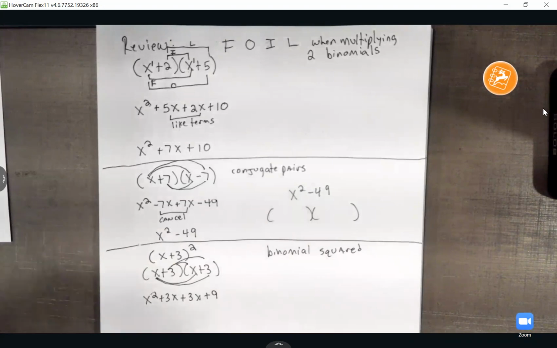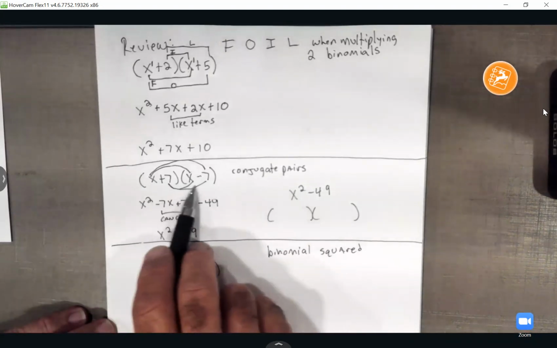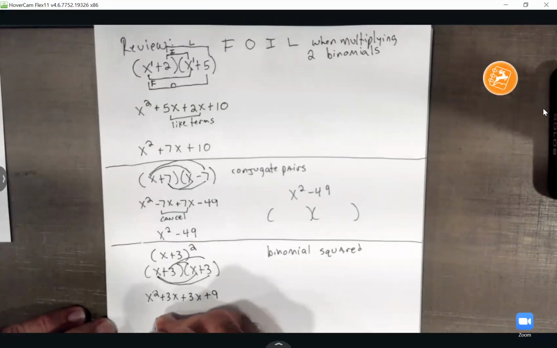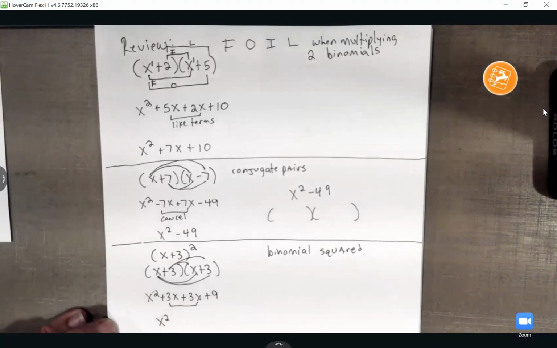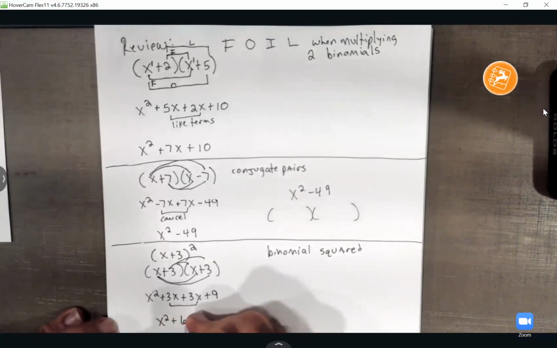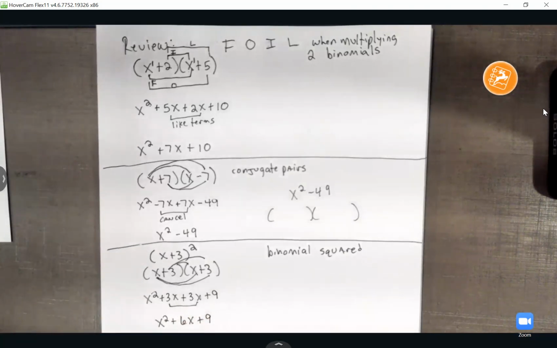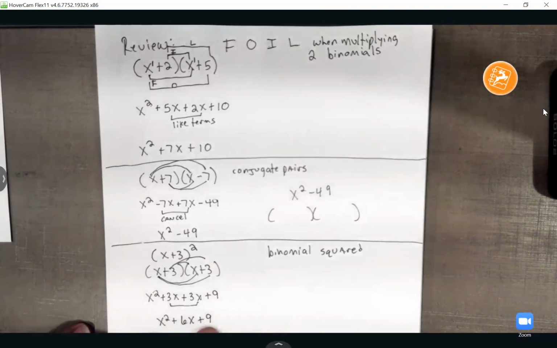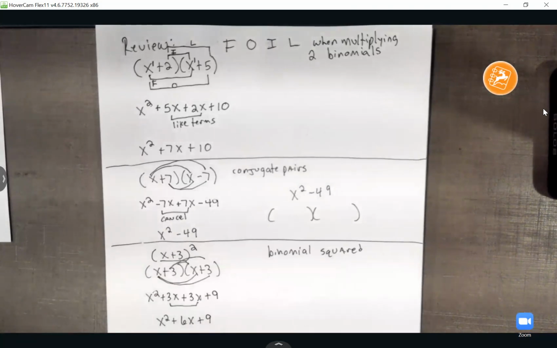They have the same sign, so these ones will not cancel like the conjugate pairs do. It sort of doubles the middle. So you bring down your x squared. Well, 3x and 3x double to give me a 6x, plus a 9. So this would be a trinomial. In this form, those are binomials, okay?